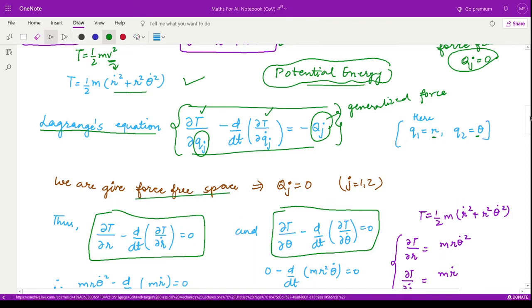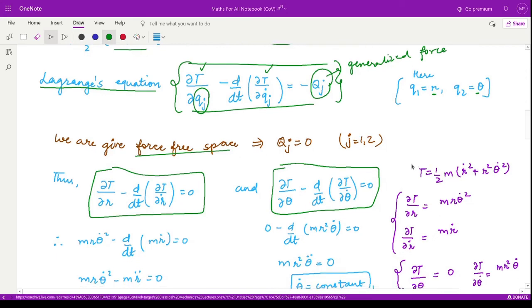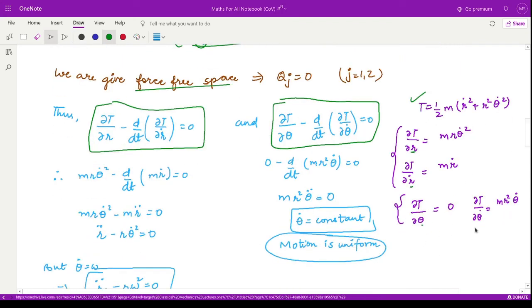So now we have T, so we can differentiate it partially with respect to r, with respect to r dot, with respect to theta, and with respect to theta dot. So we can substitute these values over here, and in solving the second equation, we have theta dot equal to constant, which was the given condition that the motion of the rod is uniform, because the angular velocity is constant.